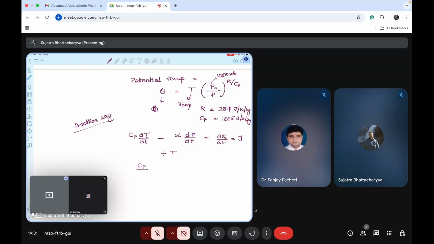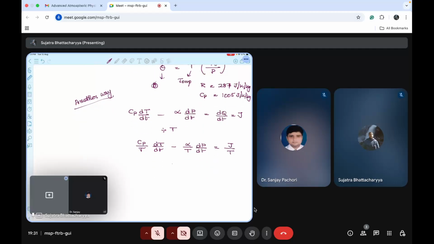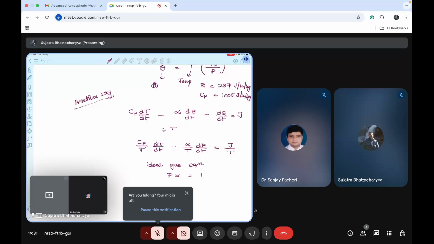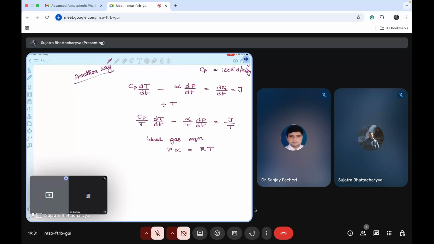So Cp by T dT by dt minus alpha by T dp by dt is equal to J by T. Now, the ideal gas equation says that pressure into specific volume is equal to R into T. Based on that, can we replace alpha with RT by p and put it here?